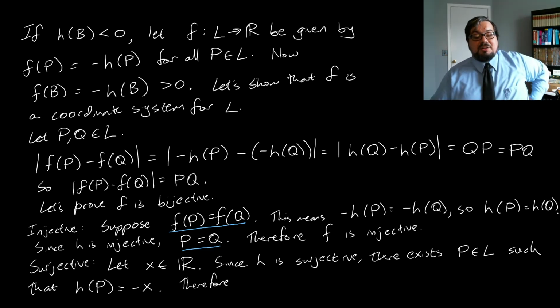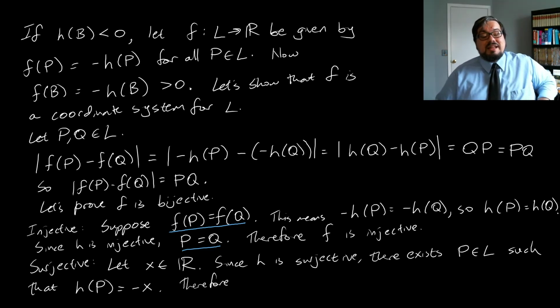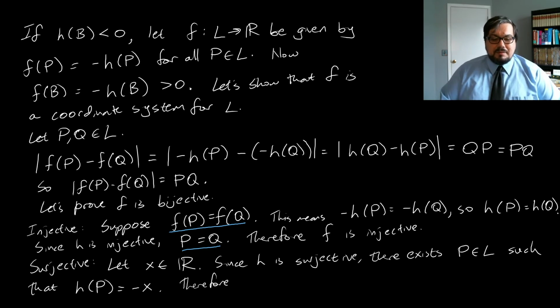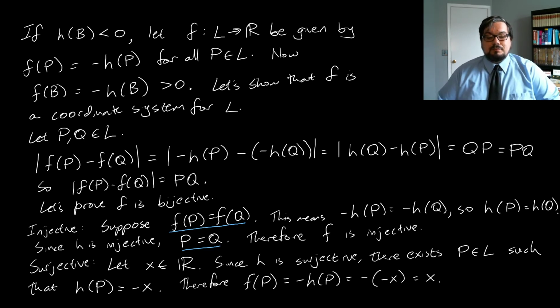So we don't want to find a point that h sends to x. We want to find a point that h sends to negative x so that we can get the following. f of P, which equals negative h of P, is going to equal negative negative x, which equals x.